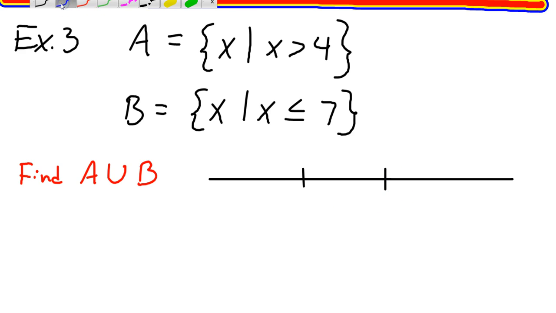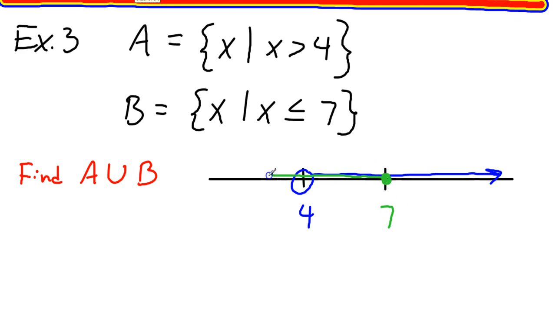And just graph those 2 lines on a number line. See what happens with it. So you want everything greater than 4. So that would be an open circle here. And if that's 4, we're headed this way. And if you start at 7, well, that's going to be a solid circle here, and that's headed that way.